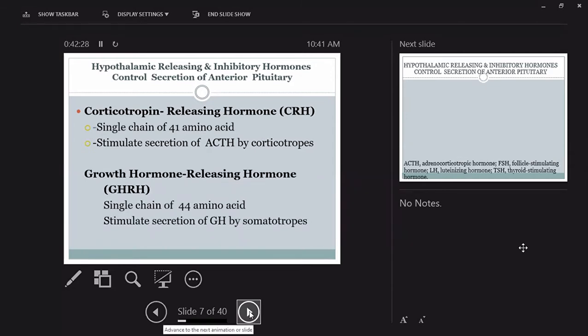Growth hormone releasing hormone is also a big molecule composed of 44 amino acids, and this stimulates the secretion of your growth hormone. What cells in the anterior pituitary? Your somatotropes.